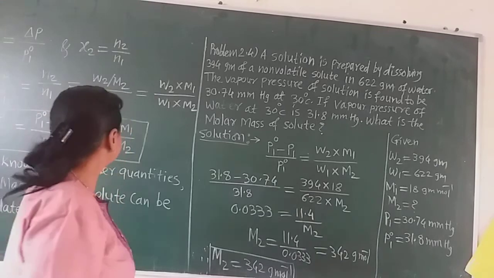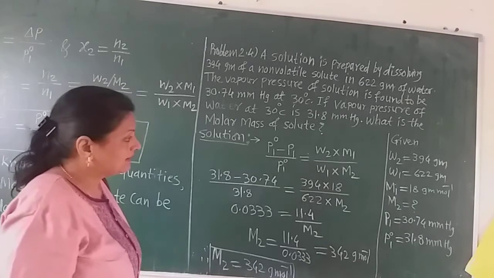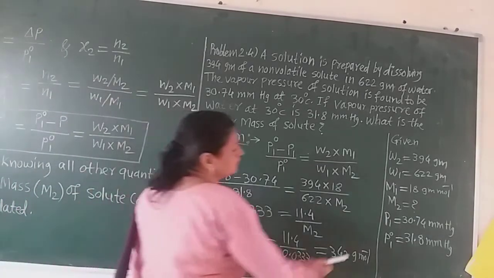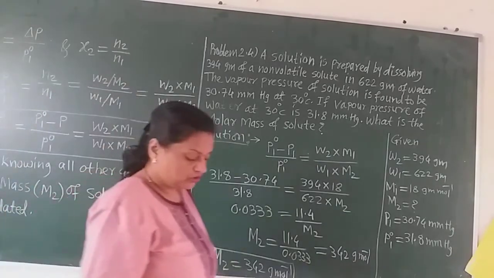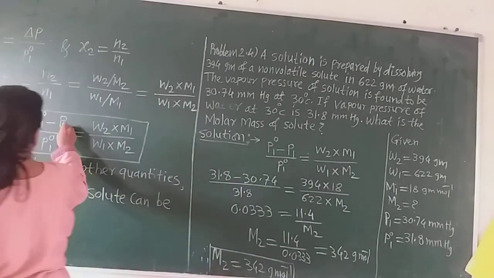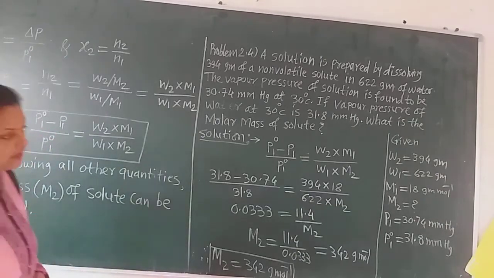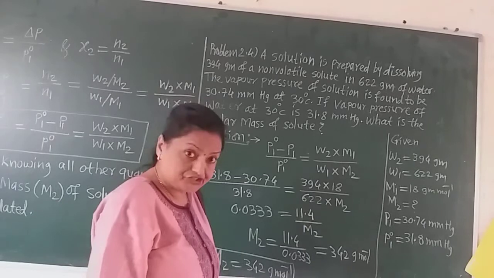So the vapor pressure of the solution, that is P1, is equal to 30.74 mm of Hg.